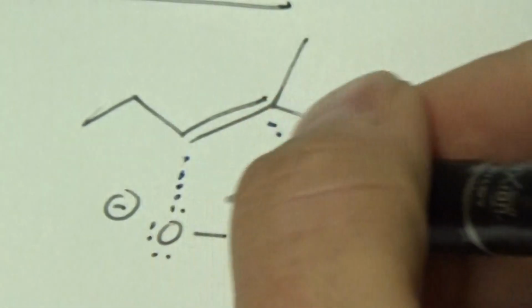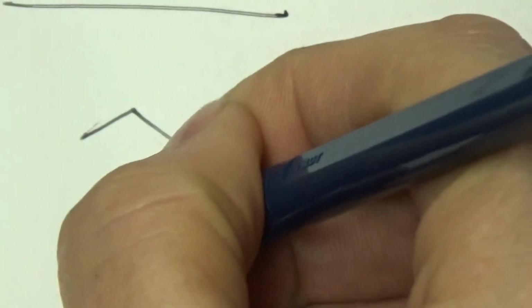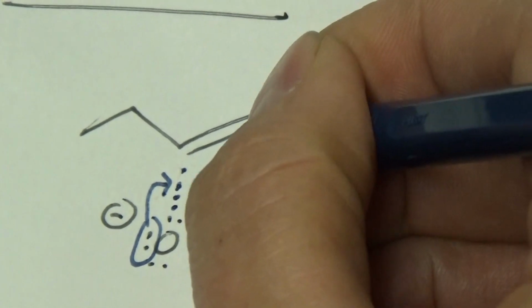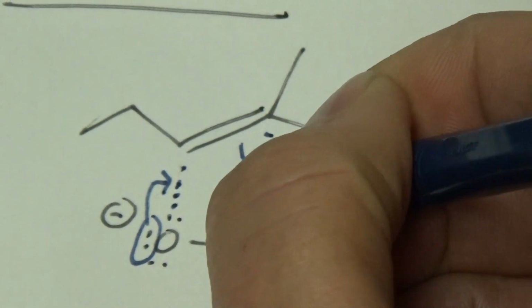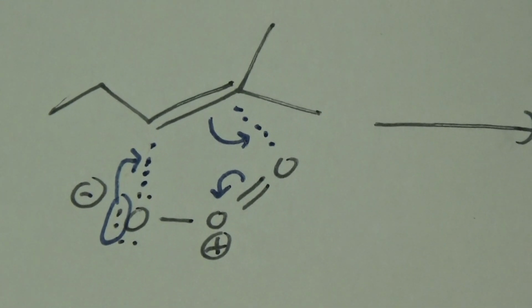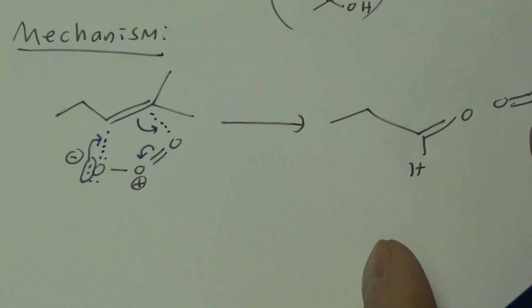Now start with the negative charge, the O minus. Make a bond, and draw three arrows in a circle. So that just snaps everything together. What does that give you? It doesn't give you the product.